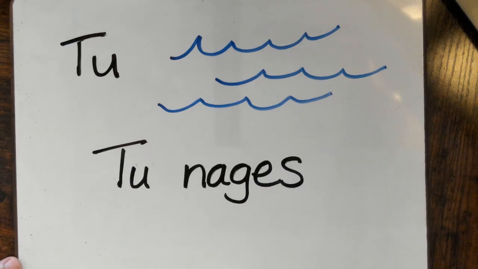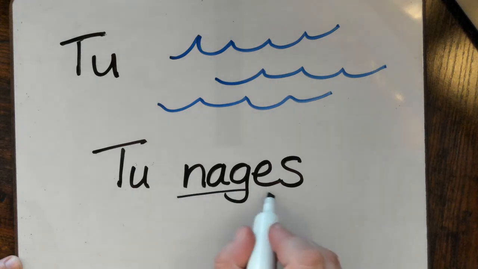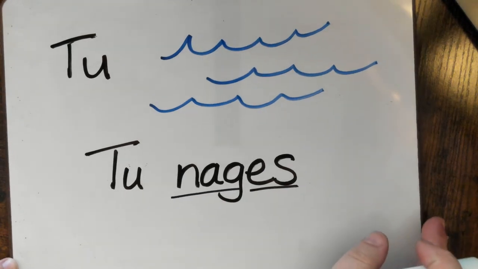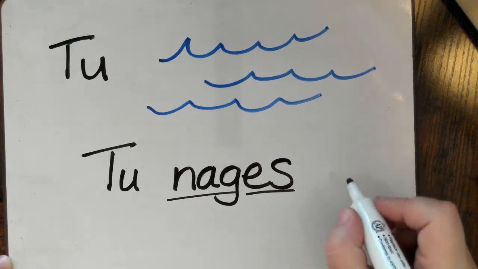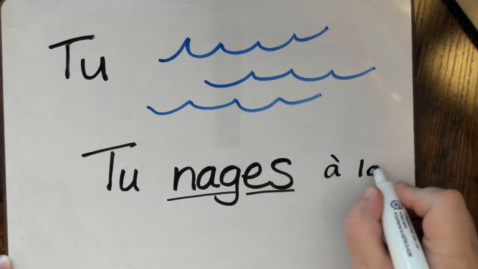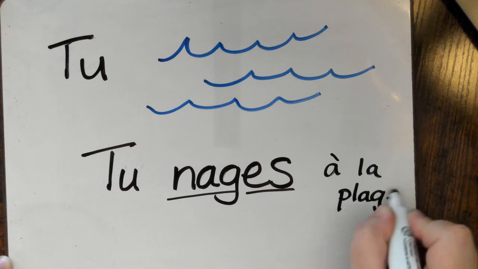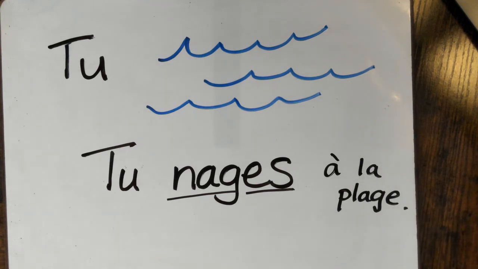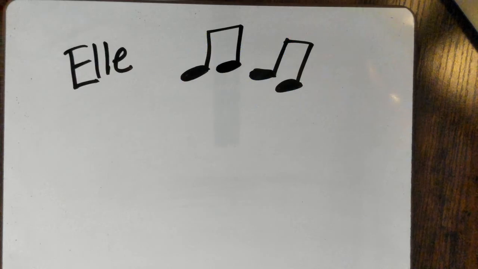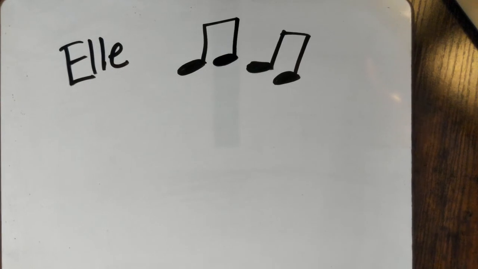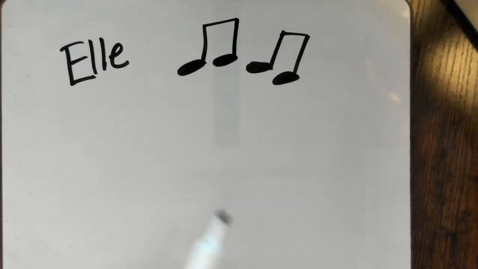Tu nages. Here's my stem, here's my ending. And maybe you added something else, like tu nages à la plage. You swim at the beach. But you didn't have to do that. All you had to do was the subject and the verb. Okay, here's the next one. Your subject is going to be elle. And if you can't tell what these are, they are music notes. So something to do with music.